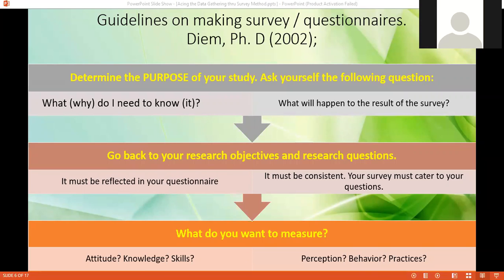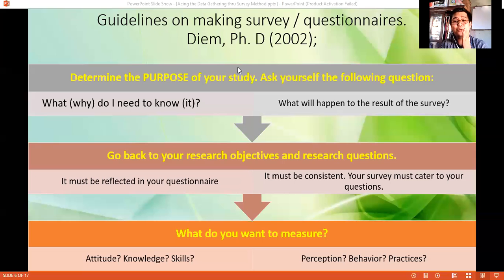Every researcher must embrace the purpose and the objective of the study because that is your force in doing your research study. Okay, go back to research objective and research questions, and then what do you want to measure? This is the threefold step in doing your questionnaire.